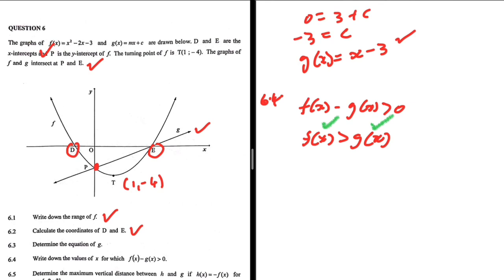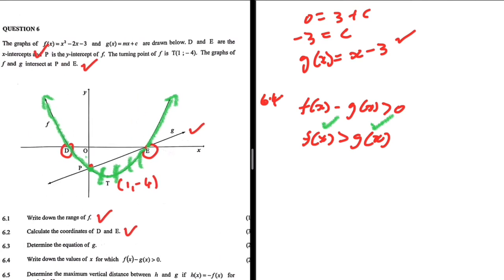So let's see, from this point up to infinity, f of x is above g of x, and from this point down to negative infinity, f of x is above g of x. F of x is below g of x between p and e, but apart from that, f of x will be above g of x, right? So what are those x values?